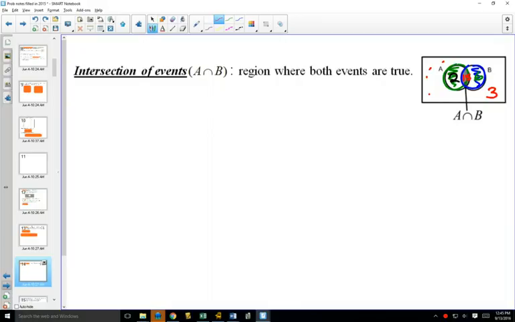But we write the intersection of those 2 places with this notation.